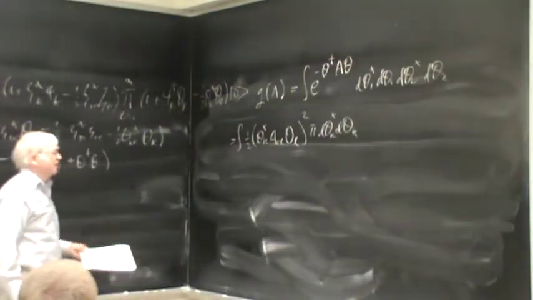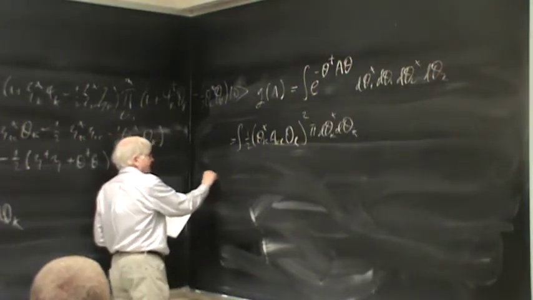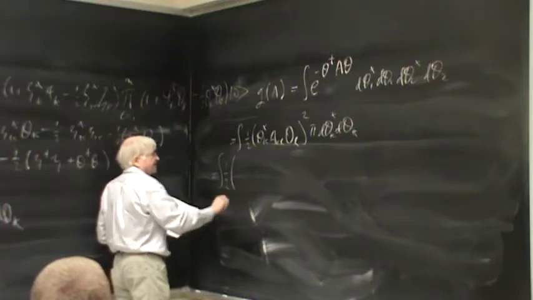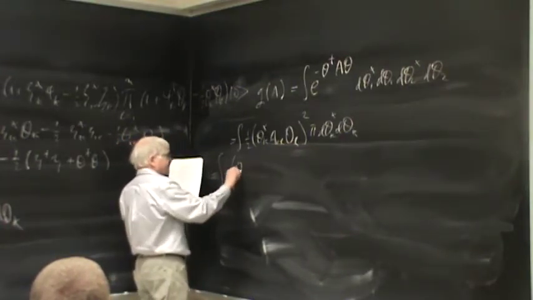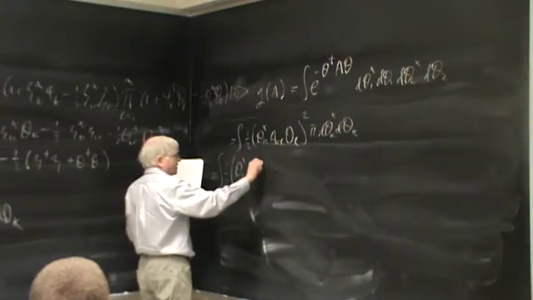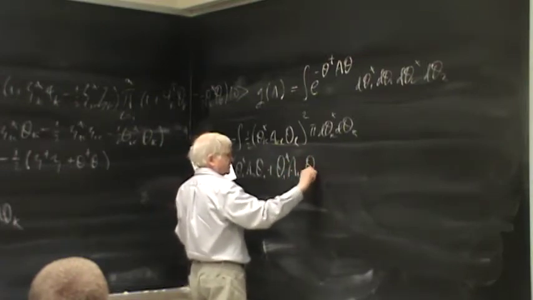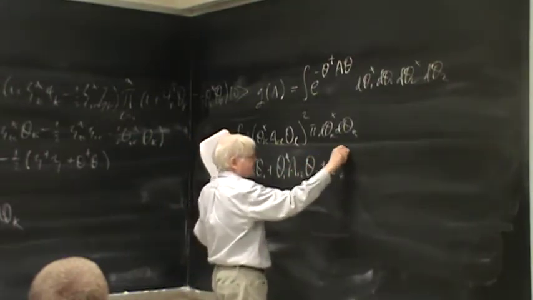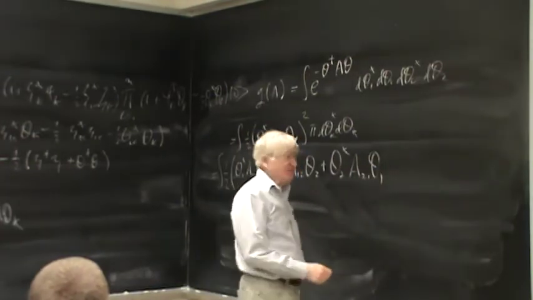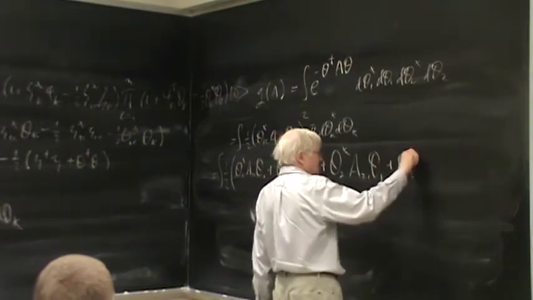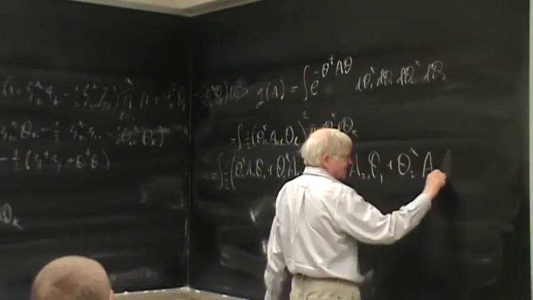Okay, so what do we have here? This is going to be 1/2, and now let's write this out: theta 1 star A11 theta 1 plus theta 1 star A12 theta 2 plus theta 2 star A21 theta 1. Notice the left arm is down, so you need to watch it. Plus theta 2 star A22 theta 2. I went off the rails right away.